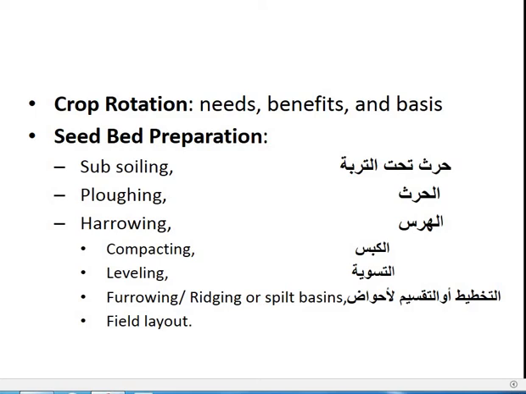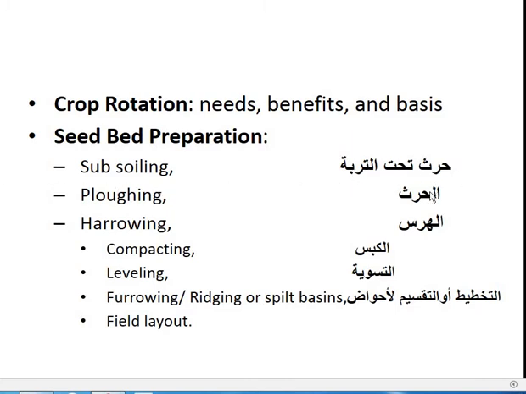The other point is seed bed preparation. We may do subsoiling, that means plowing under the soil.